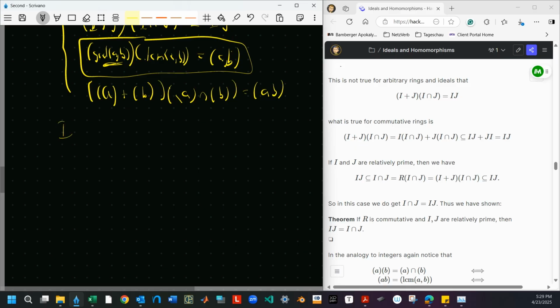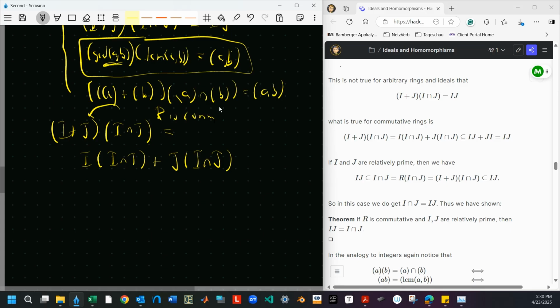We do have that I plus J times I intersect J is equal to, now we can distribute, we know that from earlier, I times I intersect J plus J times I intersect J. Actually, I'm saying this in commutative rings, so R is commutative.